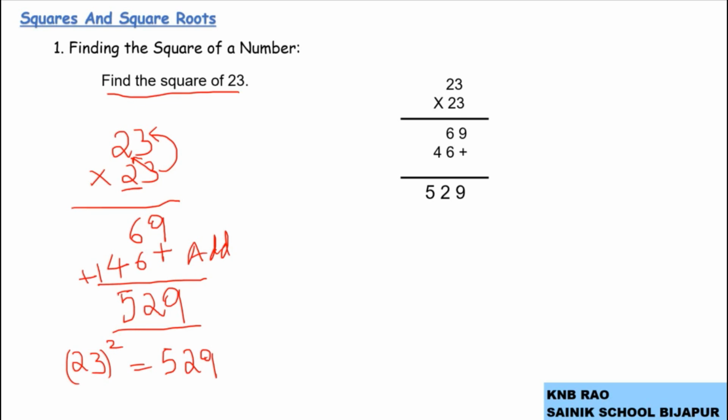So students, do we have any alternate methods to find the square of a number other than multiplying like this? That is the question which we get. Yes, we have got some alternate methods. In this session, we will be learning those alternate methods.